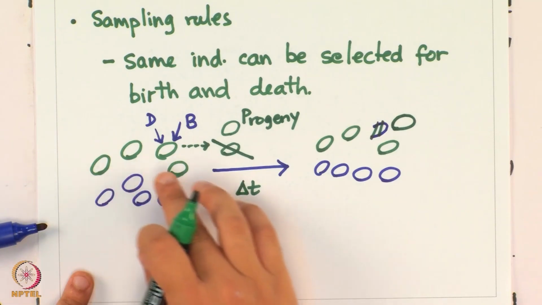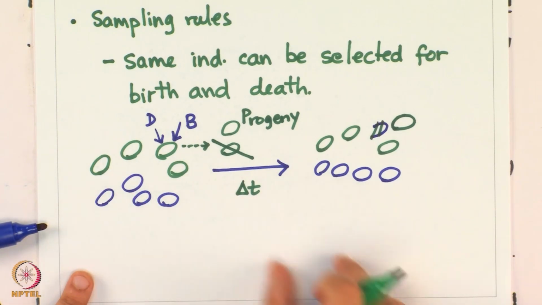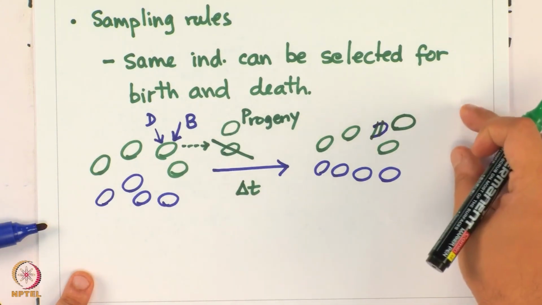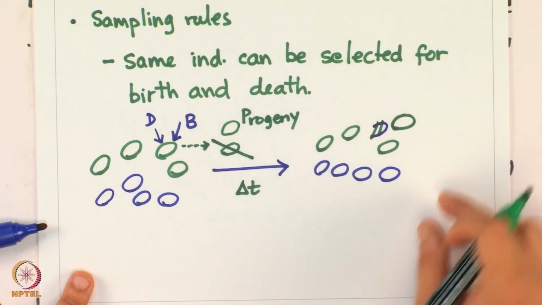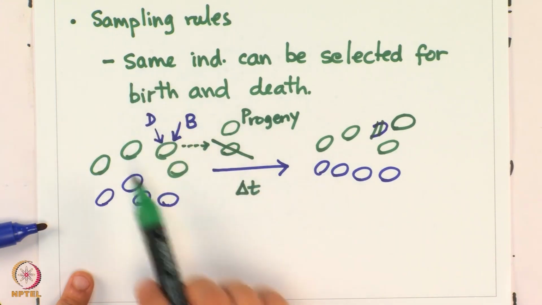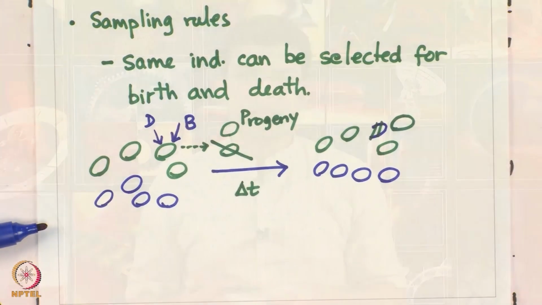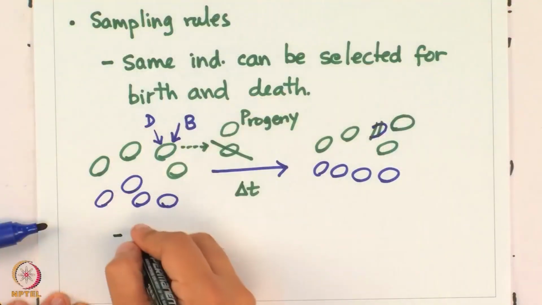So the number of individuals belonging to a particular genotype does not change in this delta t time, you're still left with 4 green cells and 4 blue cells. So the rule is saying that in this delta t time, when you are selecting randomly one birth and one death event, the same individual could get selected for birth and death, and that is a permitted sampling strategy.